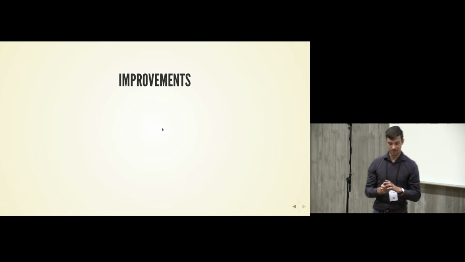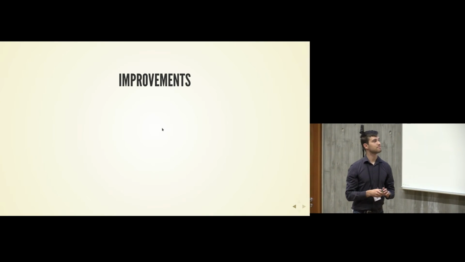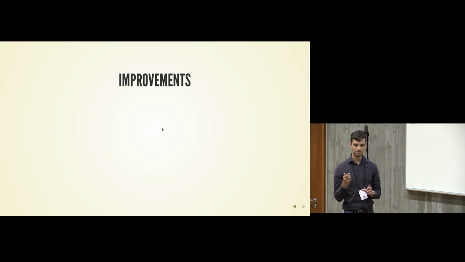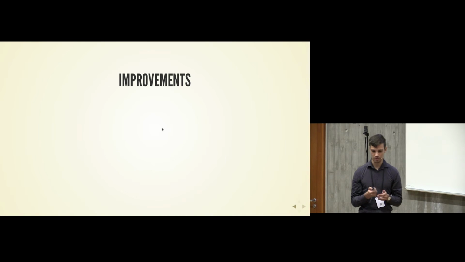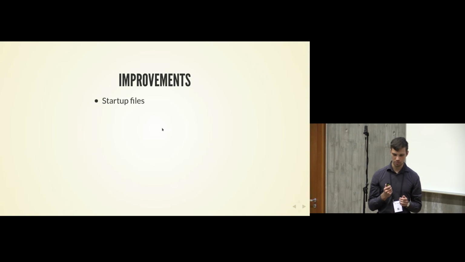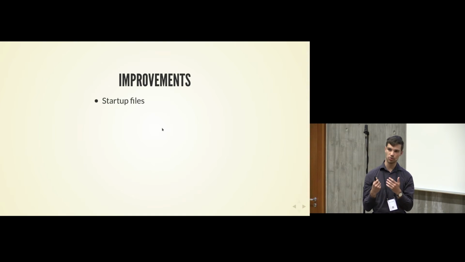So, as I said, this project is still under construction, and there are some improvements that can be made. For example, one thing you can't just take from your project is the startup file, which is written in assembly language.